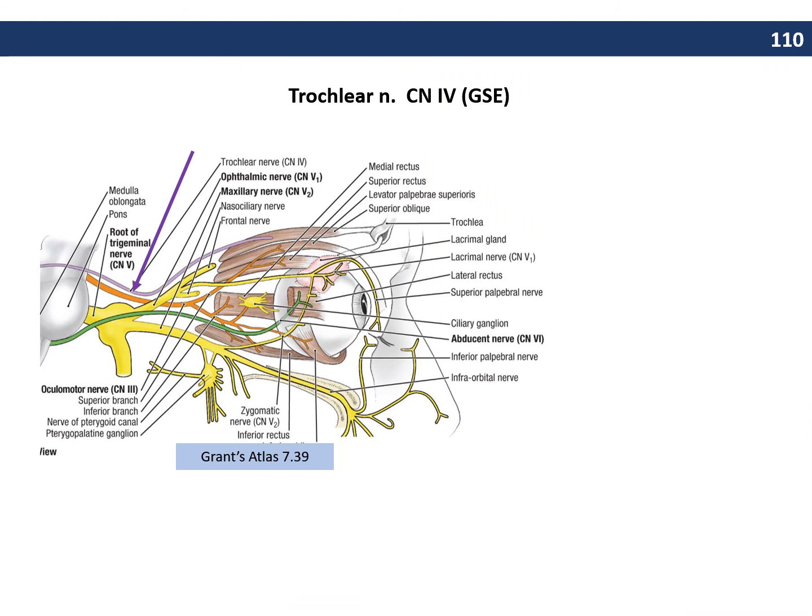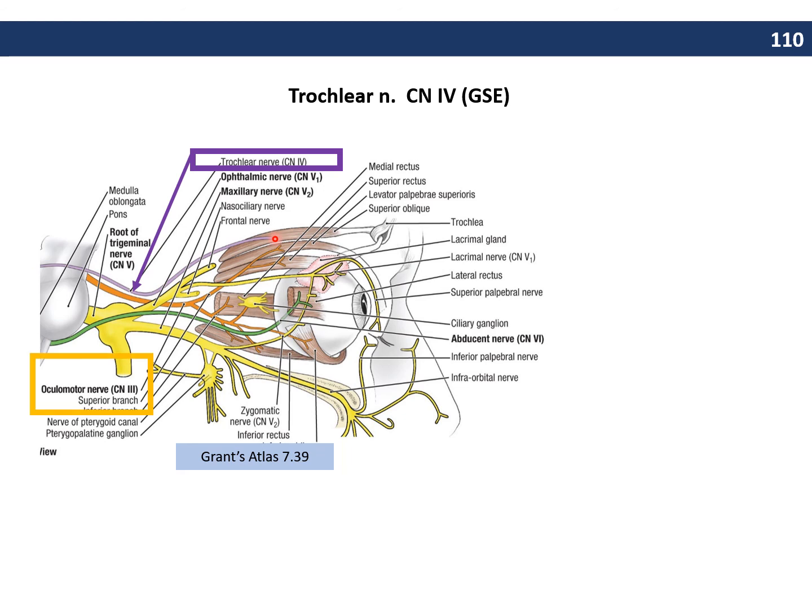So first I want to talk about the trochlear nerve. This is cranial nerve 4. It has general somatic efferent fibers within it. So here's our trochlear nerve going to our superior oblique muscle.